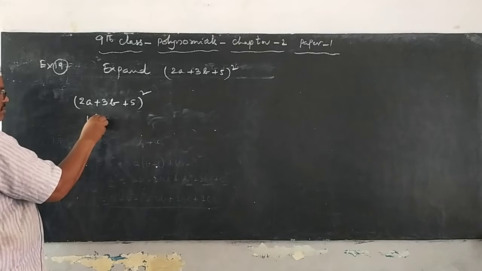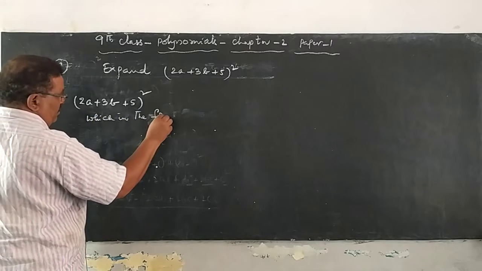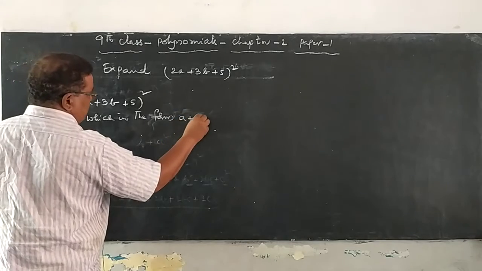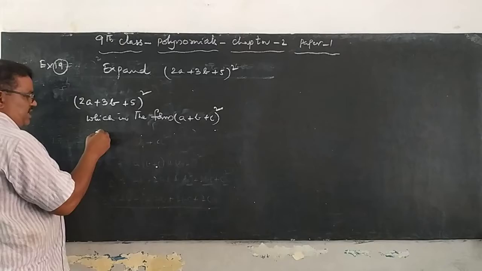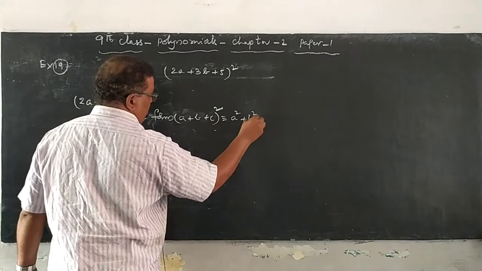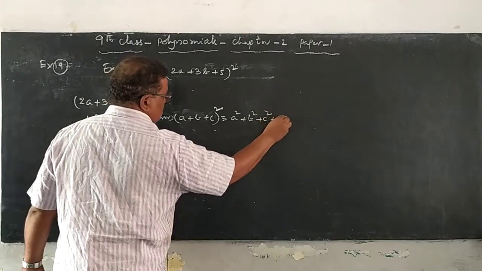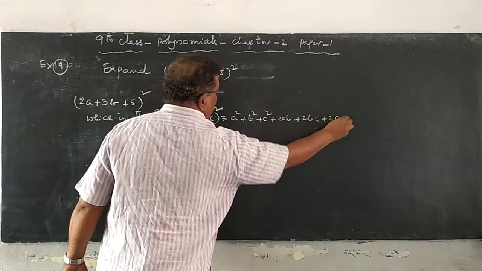This is in the form (a plus b plus c) whole square. So this is identically equal to a square plus b square plus c square plus 2ab plus 2bc plus 2ca.